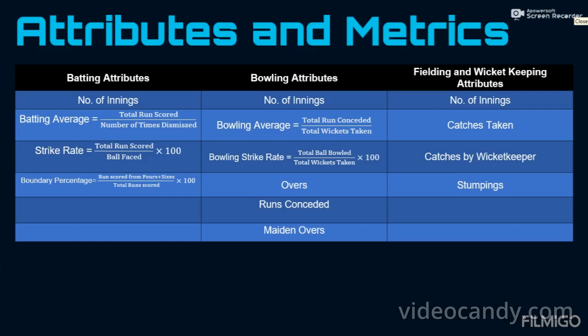To build a reliable data set, we extracted statistics from ESPN Cricinfo, one of the most comprehensive big data sources available. We noticed a lot of missing values in the raw data, particularly zeros where actual performance data was likely unavailable.